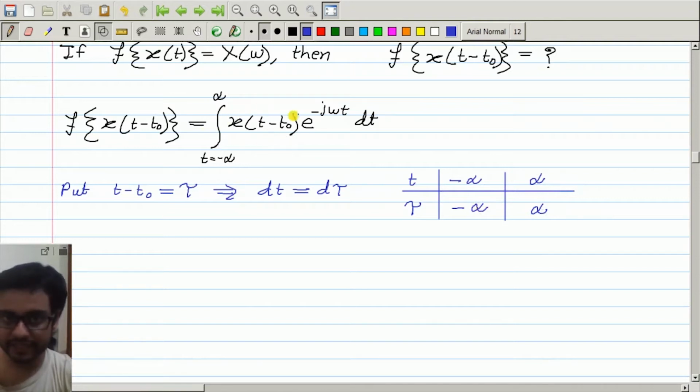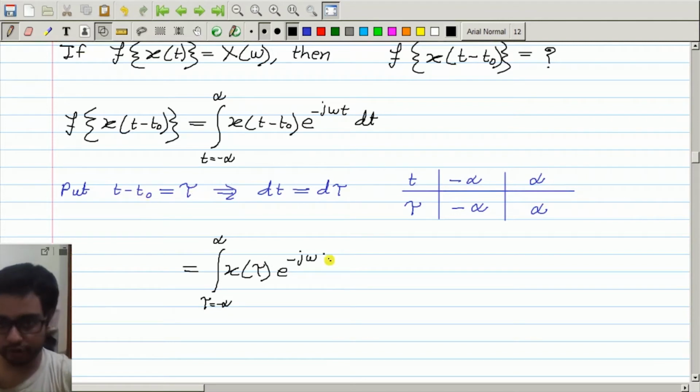Then you can write this as integration over tau from minus infinity to plus infinity x of tau, and then e to the power minus j omega t, where t is equal to tau plus t naught, and d tau here.